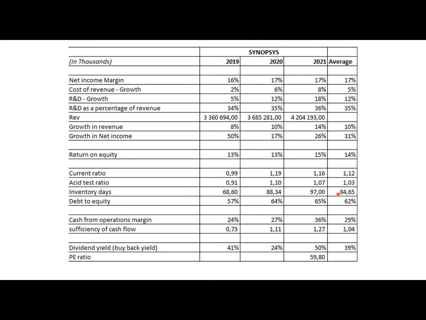So when you read the current ratio, the asset test ratio, as well as the inventory days, it proves a company that's in a very good liquid position. It has good inventory management because it doesn't hold stock for longer than the industry average.